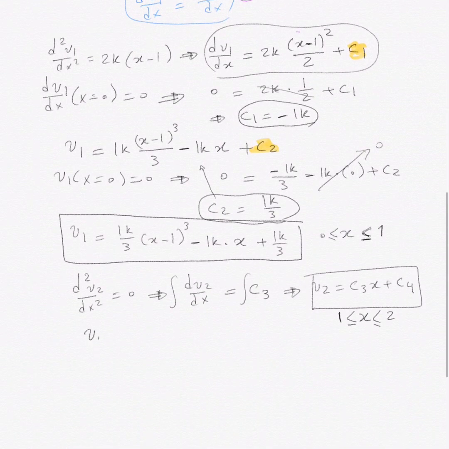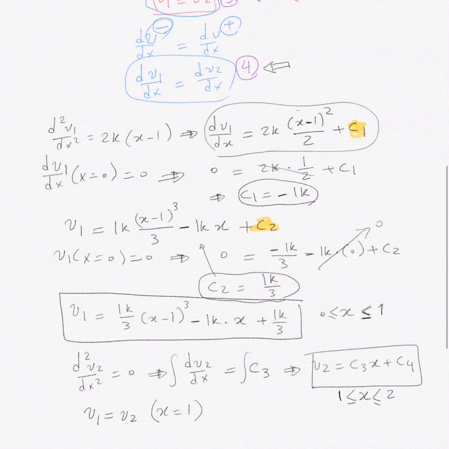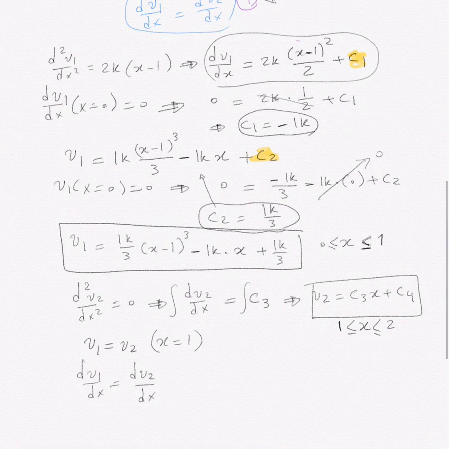So let's write it here. It says v1 is equal to v2 at point x is equal to 1. So at this particular point, if I put x equal to 1, then I get v1 is equal to v2, right? And this was equation number 3. Equation number 4 says the derivative of v1 with respect to x is equal to the derivative of v2 with respect to x at point x equal to 1.